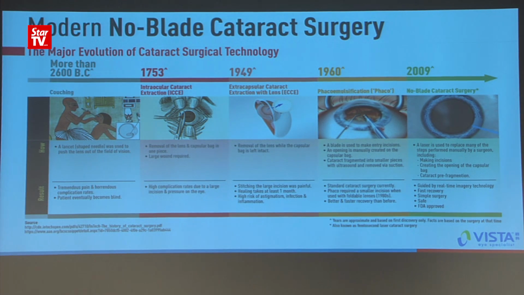The incision size is reduced from 10 millimeters in the ECCE days to 4.1 millimeters, and some go down to 3.5 millimeters. Then to remove the cataract, they use an ultrasound probe that produces ultrasound energy to break up the contents of the cataract into an emulsate.